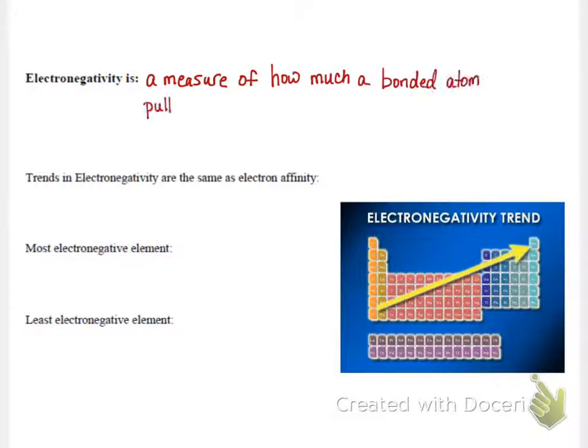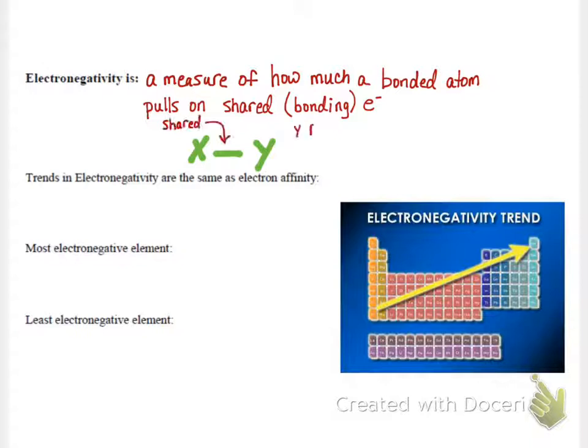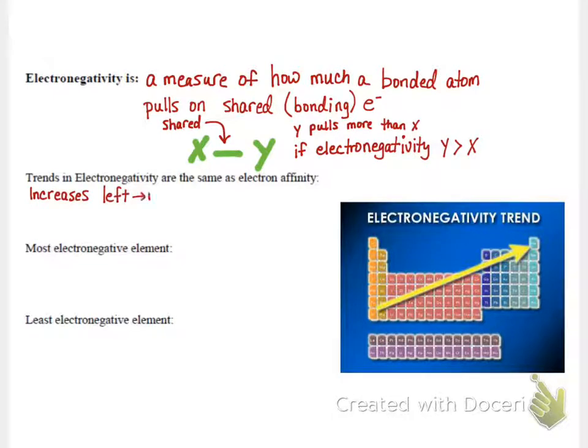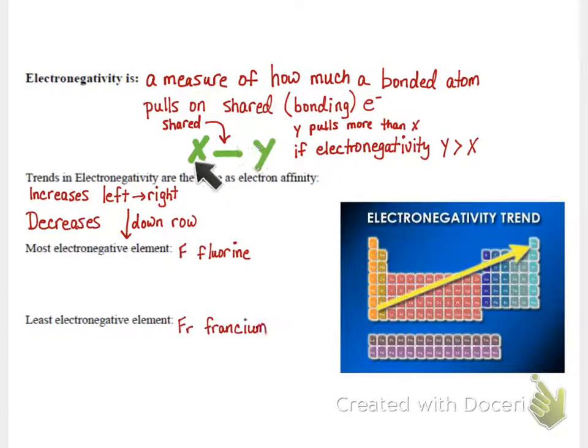Electronegativity is related to electron affinity, and it's a measure of how much a bonded atom pulls on shared electrons. So we've got this bonded pair, X and Y here, and the electrons that they are sharing are drawn in the middle with a little line.